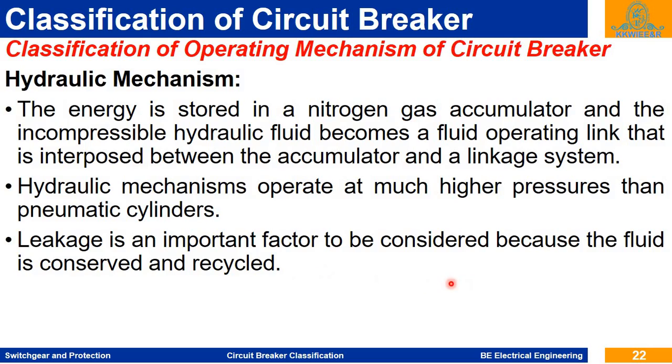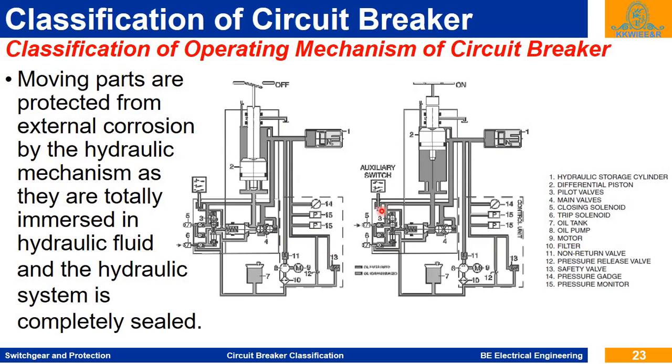So we have to take care of leakages in the hydraulic mechanism system. There should not be a leakage. Here we can see the hydraulic system. Number 7 is the hydraulic oil tank, then the oil pump motor system to generate the pressure in this hydraulic system.